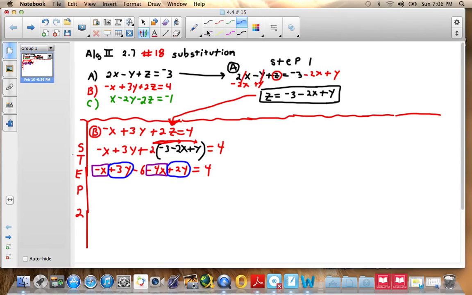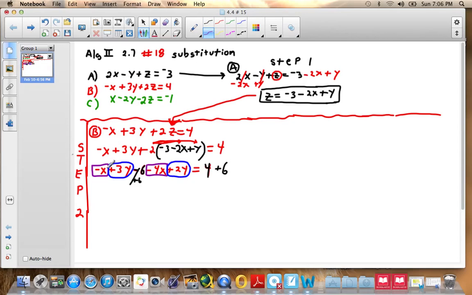And then my last terms are my negative 6 right here and my 4 on this side of the equation. So I need to get 6 over here to combine like terms. I'm going to add 6 because that will remove it from over here. And what I do to one side, I do to the other. And now all I want to do is add all these terms together.